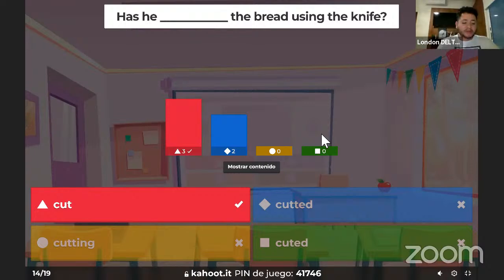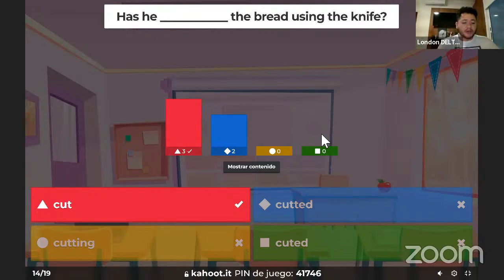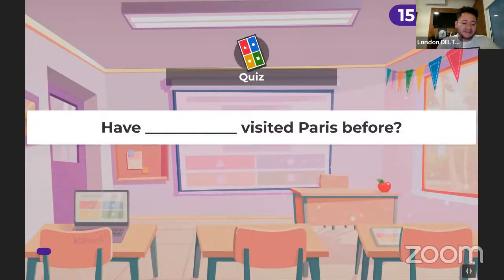Excellent. Now let's translate, please. Vamos a traducir. ¿Él ha cortado el pan usando el cuchillo? Exactly. Él ha cortado el pan usando un cuchillo. Okay. Very random example, right? Okay, let's continue.